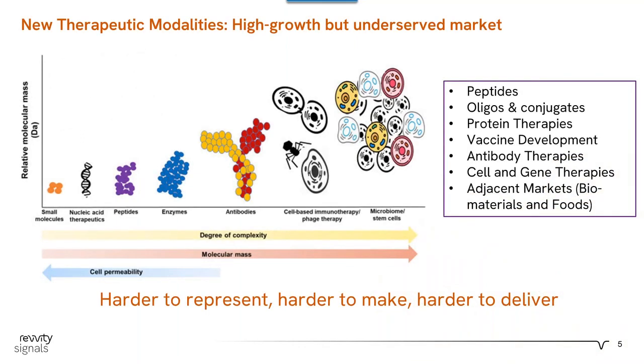So before we dive into our experimental story, I just wanted to take a minute to address what I think of as an elephant in the room. When we think of drugs, as samples get larger, from all the way on the left, small molecules, all the way to large cells, the degree of complexity in general increases, from building these candidates or drugs, tracking them and understanding the mechanism of action, as well as notating or communicating about each of these modalities.